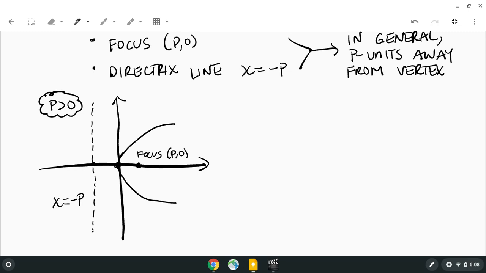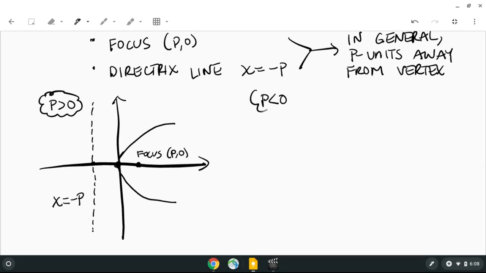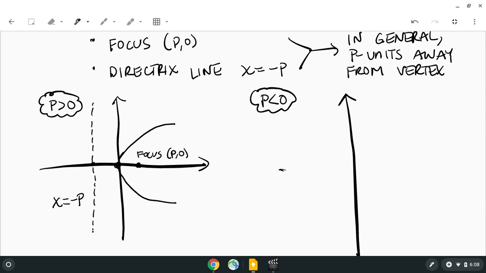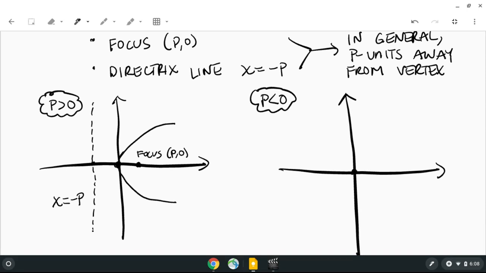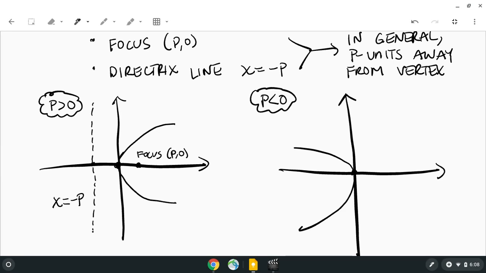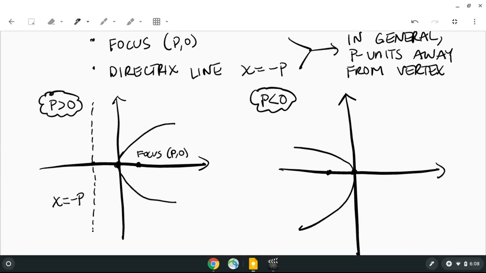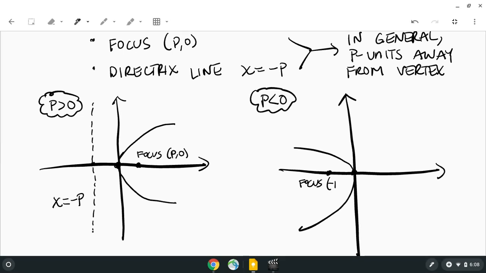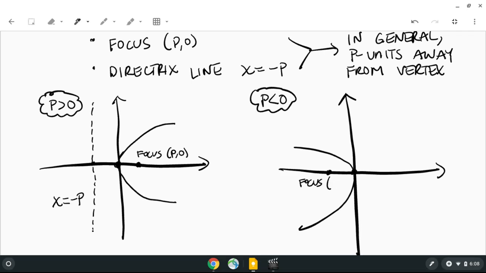Okay, and if p is negative, we have this sideways parabola, but now it will open towards the negatives. And we still have our focus inside the parabola, and it is still at p, 0. P is negative in this case, so we don't have to say negative.